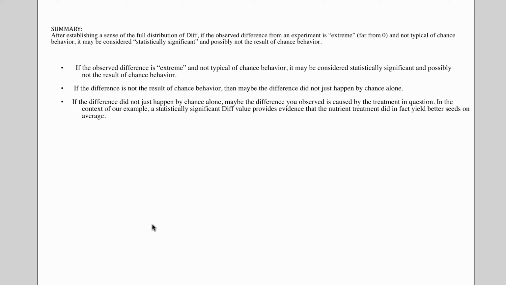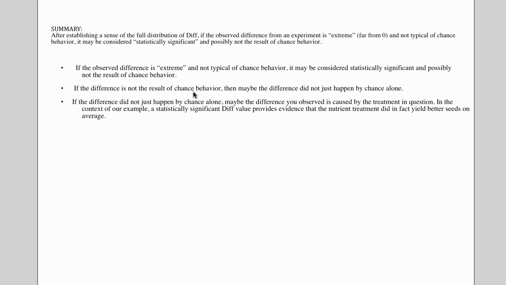If the observed difference is extreme and not typical of chance behavior, it may be considered statistically significant and possibly not the result of chance behavior. That means, hey, if all the time we're getting really great growth rate, sample upon sample upon sample, then guess what? It's not chance. We're on to something.